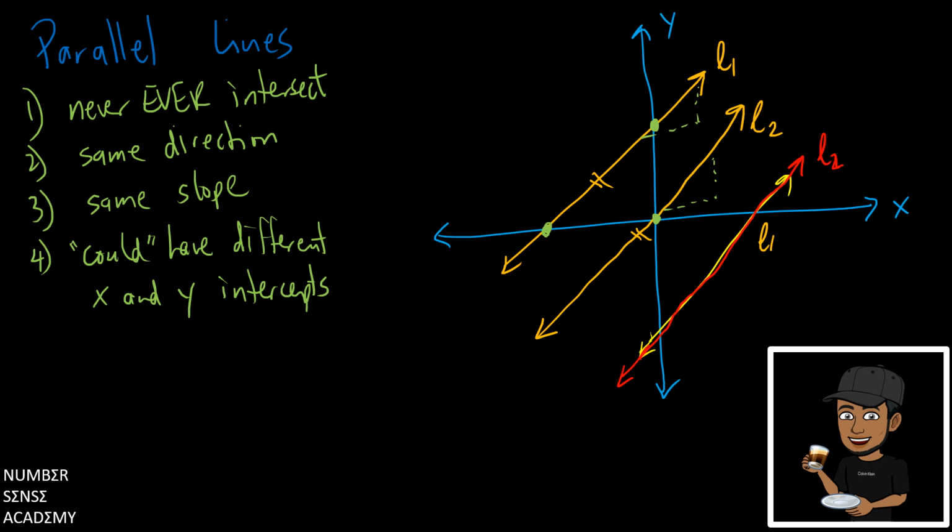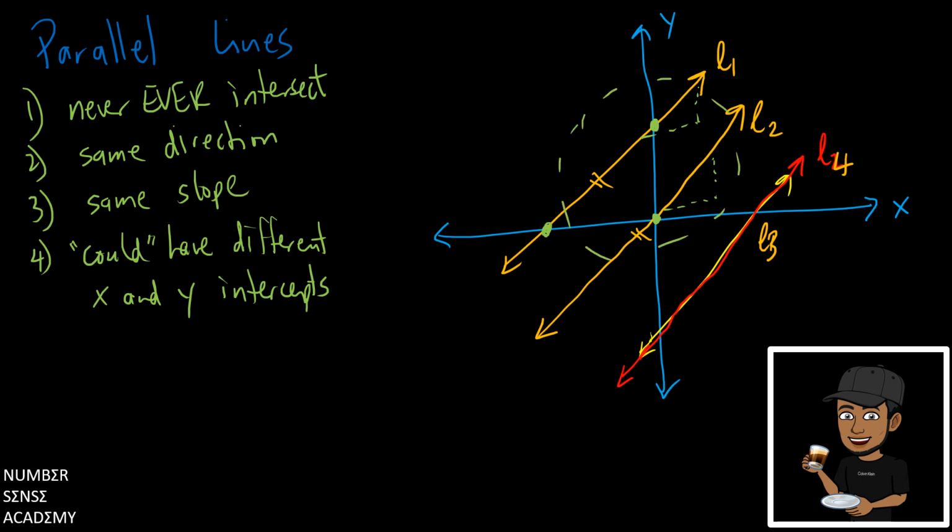So I could have named them differently, but let's call it, this is L3 and this is L4. Every single point that's on L3 is on L4 and vice versa. They're still parallel. They have the exact same slope. They have the exact same direction. In this case, they have the same y-intercepts. But in general, we're looking at more of this type of situation.